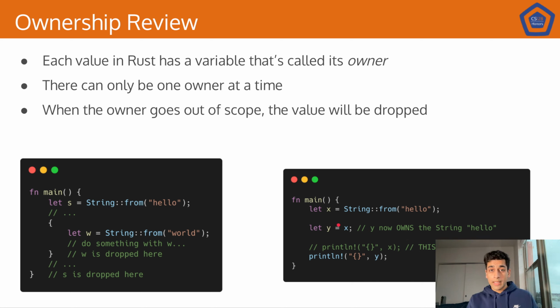So we either must say that x owns this data or y owns this piece of data. As it happens in Rust, when you say let y equals x, y becomes the new owner of this string. So x no longer owns the data, x goes out of scope. x is no longer a valid variable if you're saying let y equals x. So if we tried to uncomment this line, println x, our code would not compile. But since y is a valid owner, it's a valid variable, we're able to print out y.